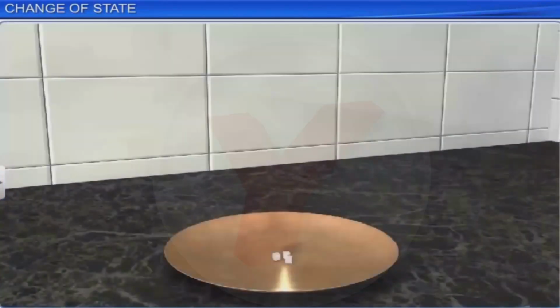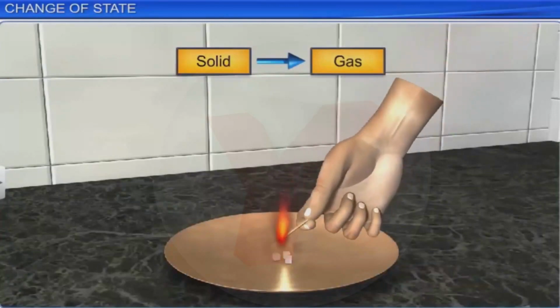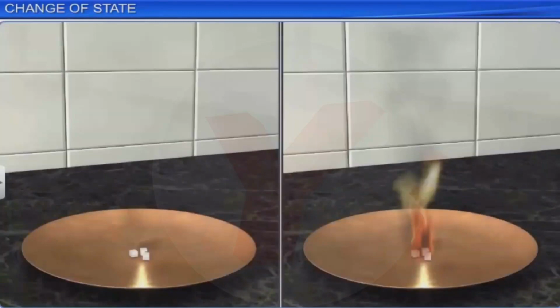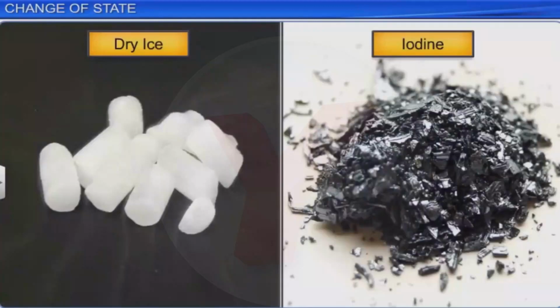There are certain substances which change from the solid to gaseous state directly. This phenomenon of changing directly from the solid to gaseous state is called sublimation. Dry ice and iodine are some examples of such substances.